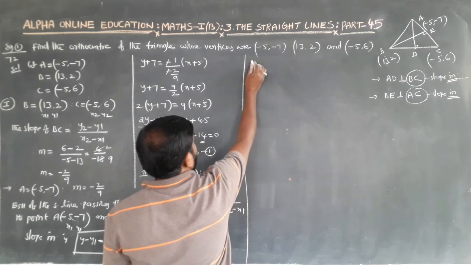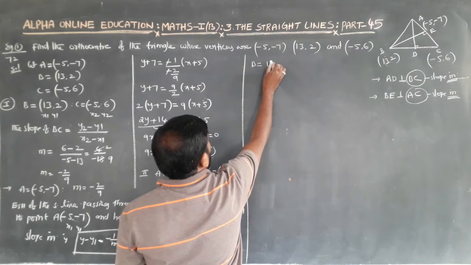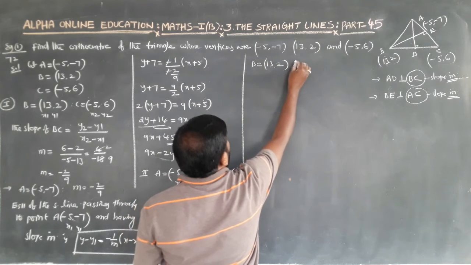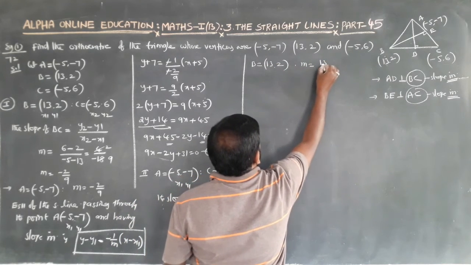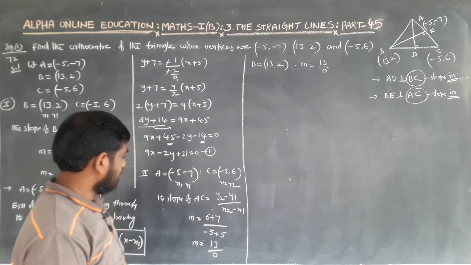Now find the equation of BE. B is the point (13, 2). The slope of AC is m equal to 13 by 0.